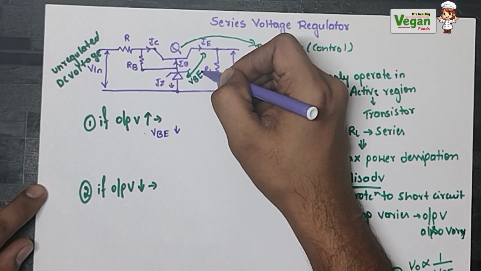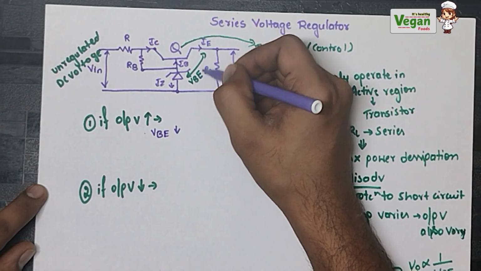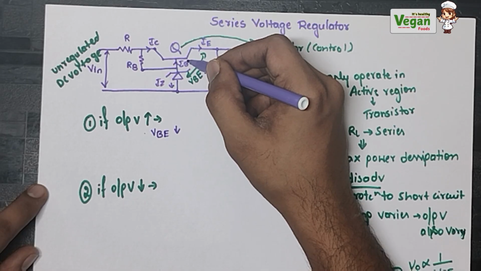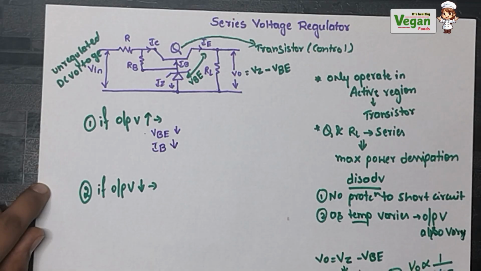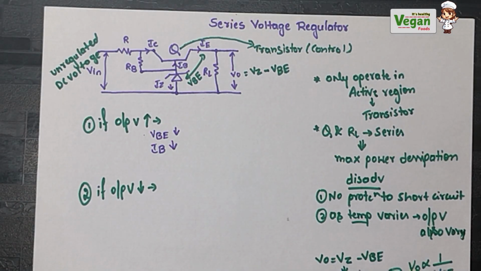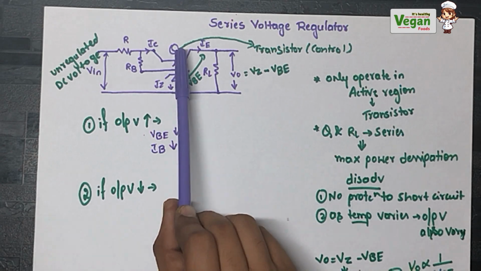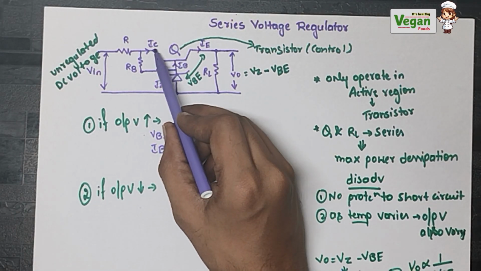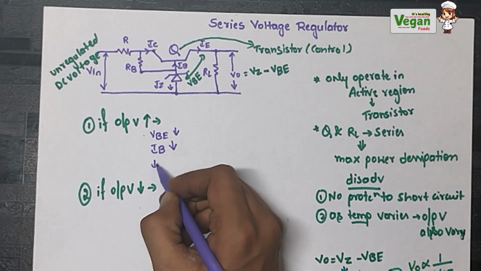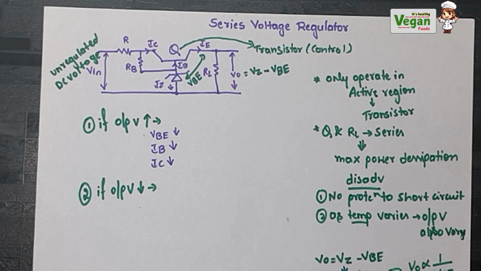As the VBE value decreases, the current IB will also decrease. Next, we know this transistor Q is a current controlled device. If the input current decreases, the output current also decreases. Therefore, if IB decreases, IC will also decrease.